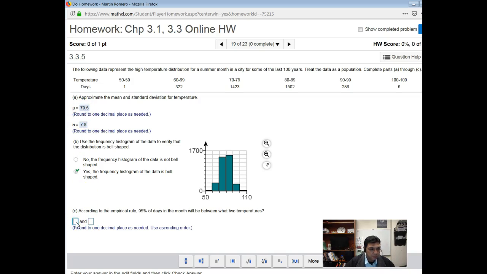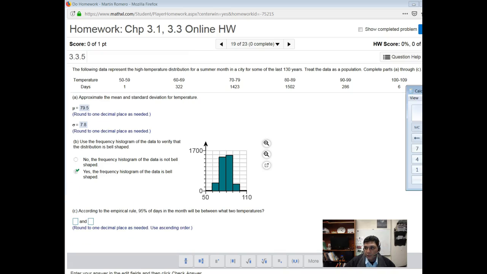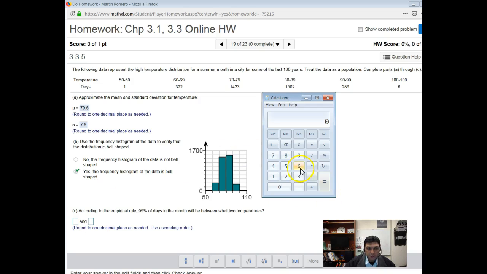So in terms of the calculation here, let me get a calculator open. There it is. To get that bottom number, 79.5 minus 2 times 7.8.